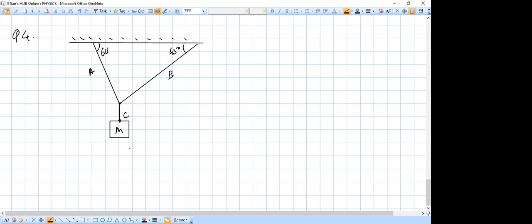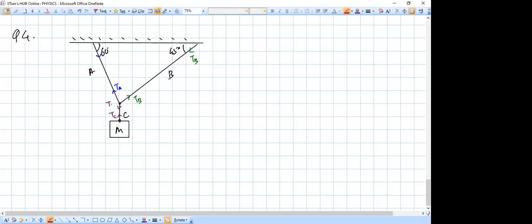The mass of the block is given 15 kg. So what is the tension in each of the threads? Okay. So let us say that tensions are TA in this thread, TB in this thread, and this one, let's say TC.